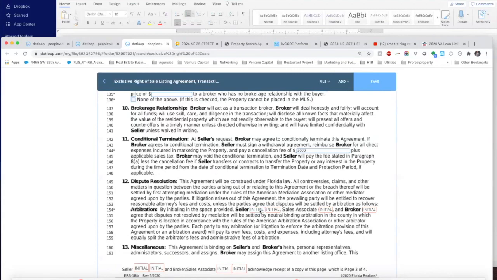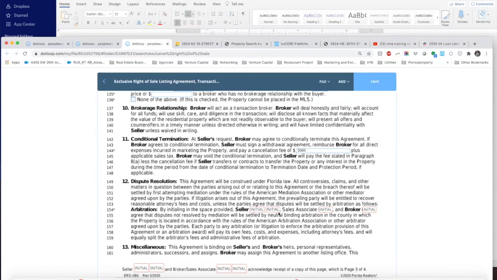But if everybody initials here, then instead of going to the regular court when mediation does not work, it goes to arbitration. If you don't want that to happen, and if mediation is not successful and arbitration is required, you need to place initials here.